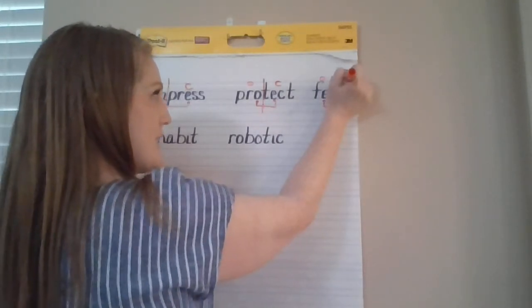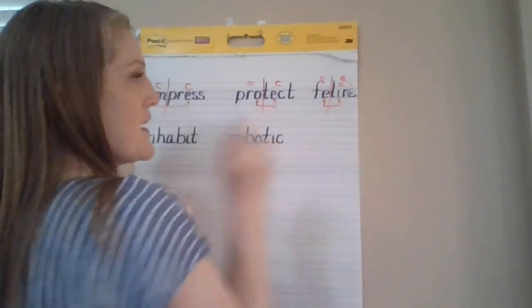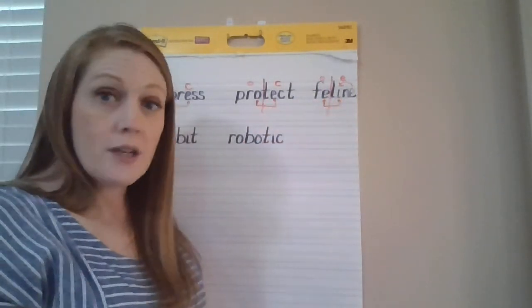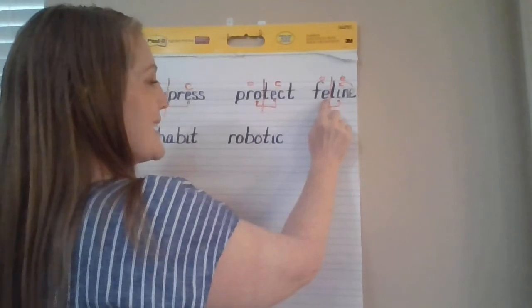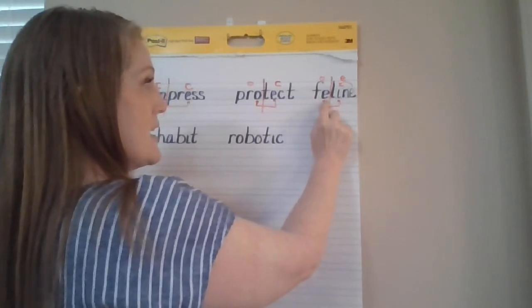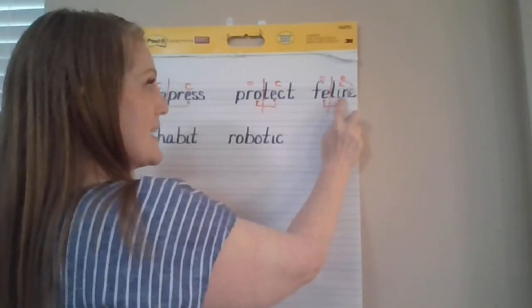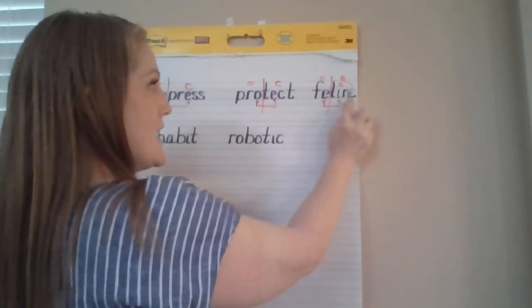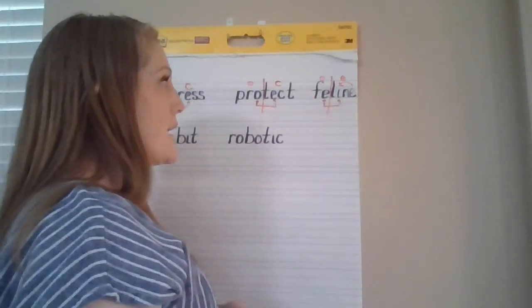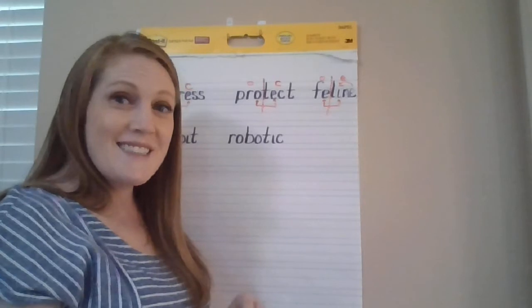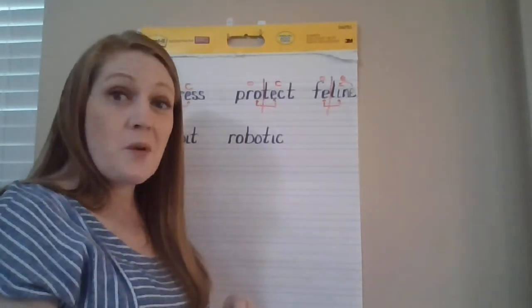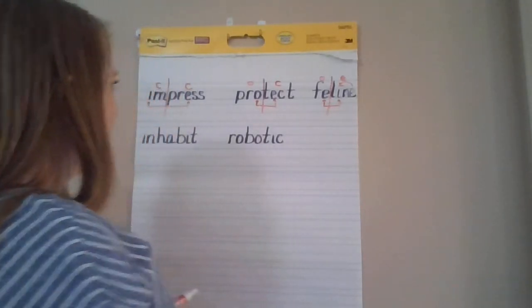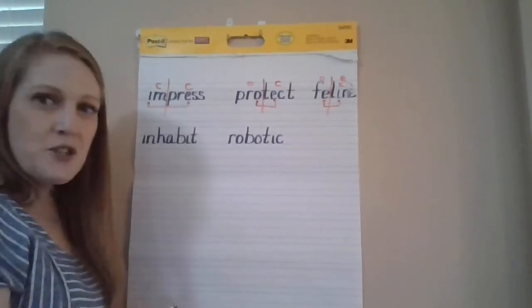And this is a silent E, which means that both of these vowels are going to be long. Fe, line, feline. Do you know what a feline is? It's another word for a cat. Very nice. All right, we have 2 more.